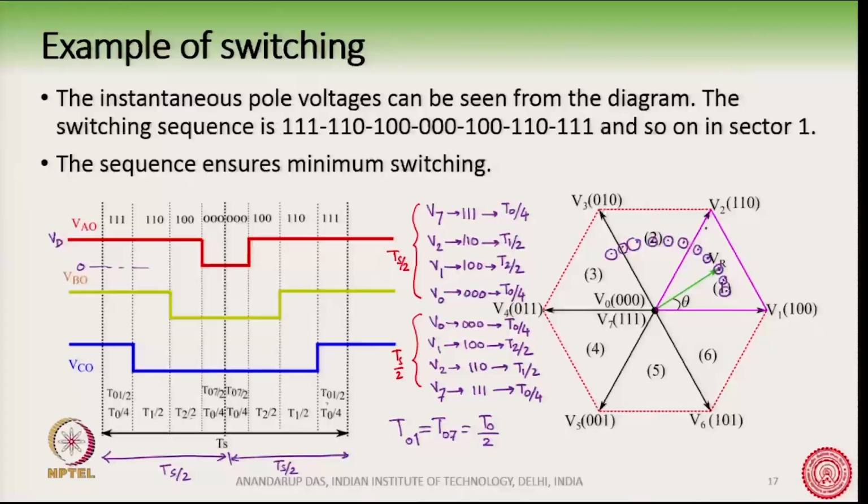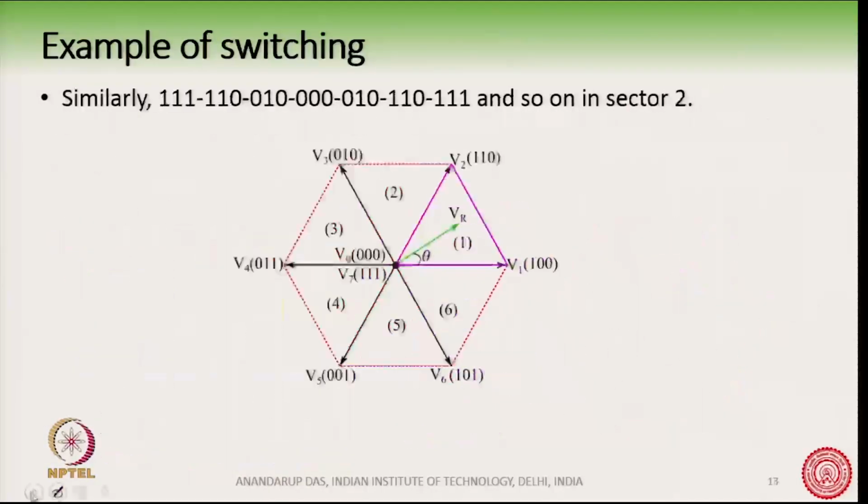After taking the sample, we are doing the calculations from which we will be able to find out the time durations for which V0, V1, V2 and V7 or any other sector vectors will be used.